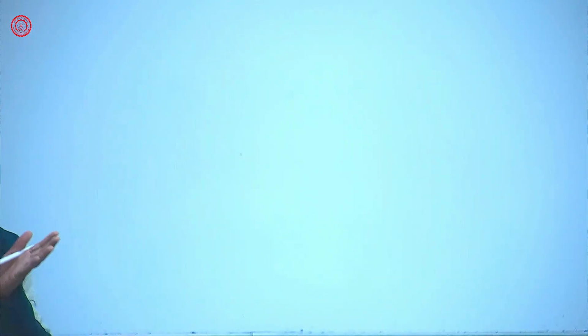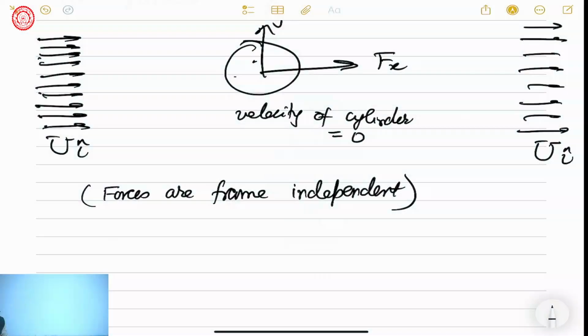The other way is I take the still car and then have air far away coming at speed u, flowing past the car, and then on the still car I put my probes, measure the forces at different points, integrate them and find the forces. Which is easier, case 1 or case 2?